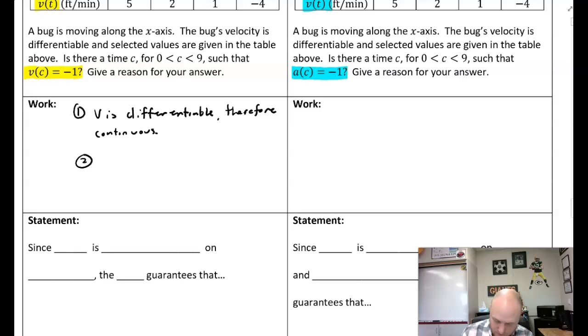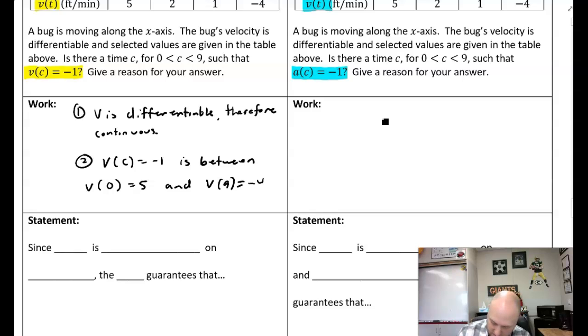Number 2, v of c is equal to -1, again, which is between, and then here's where we use our endpoints, right? So v of 0, which is 5, and v of 9, which is equal to -4. So it's between those two values. There you go. There is your work.